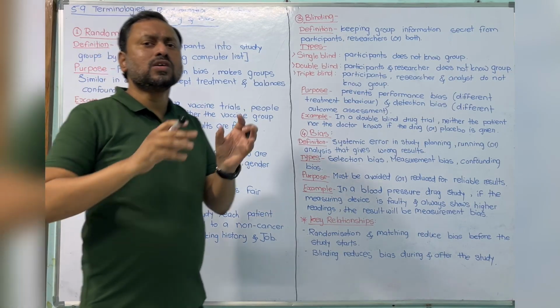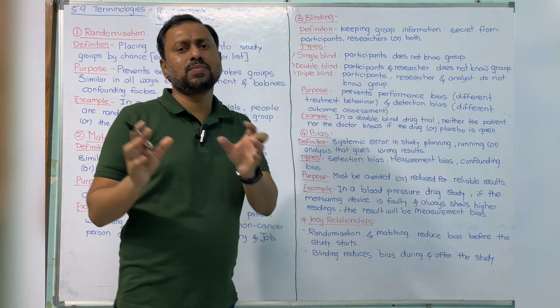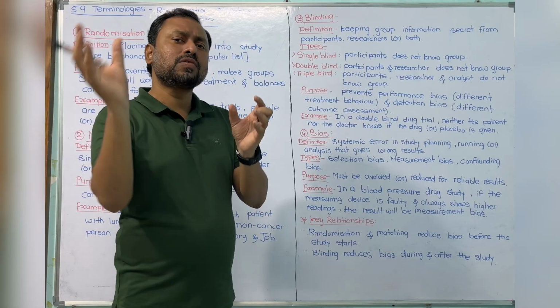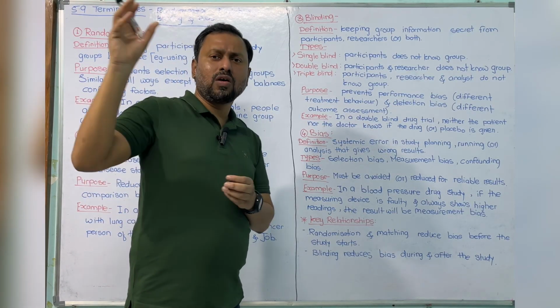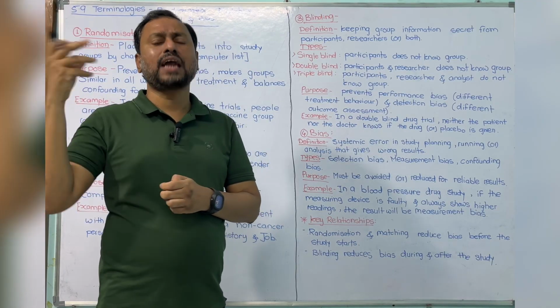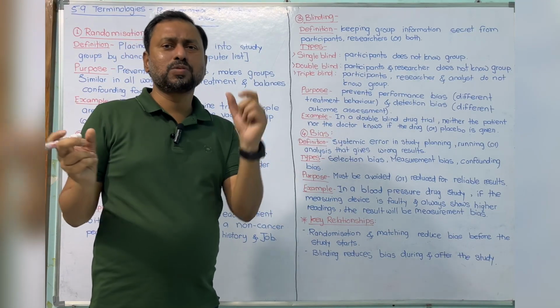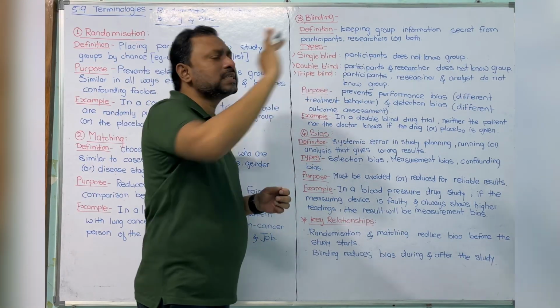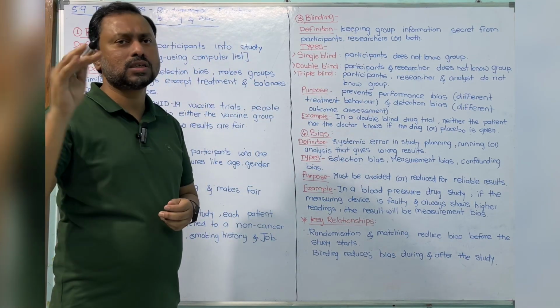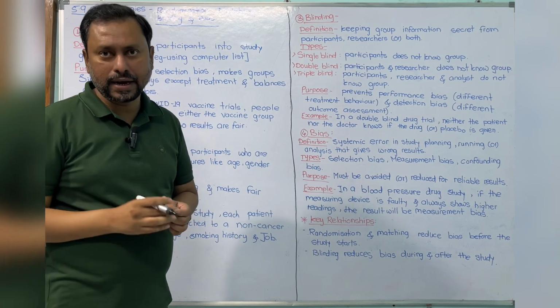It means the participants or doctor don't know which group the participant is in, whether group A, group B, or trial group, placebo group, or standard group. Keeping group information secret from participants, researchers, or both is called blinding.